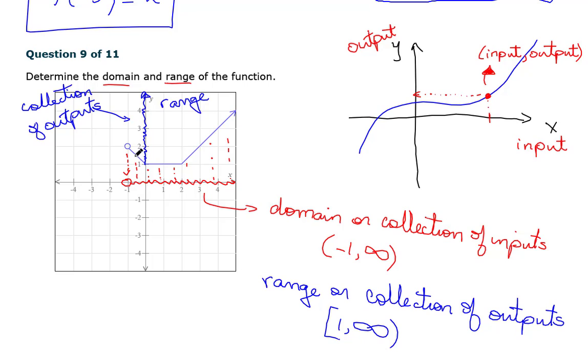This next one produces this, so all of this is producing a point on the graph. And so where are the inputs? Well, they start at minus 1, but they don't include it, and they go off to the right hand side forever. Okay, so domain is about the left and the right. The range is about how low and how high.